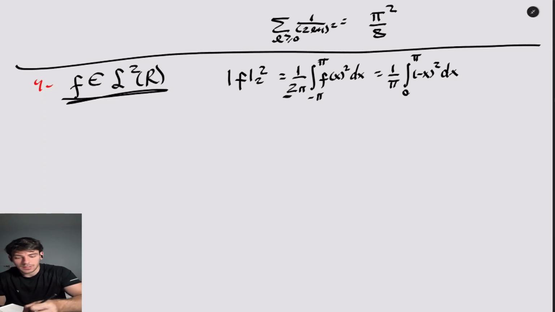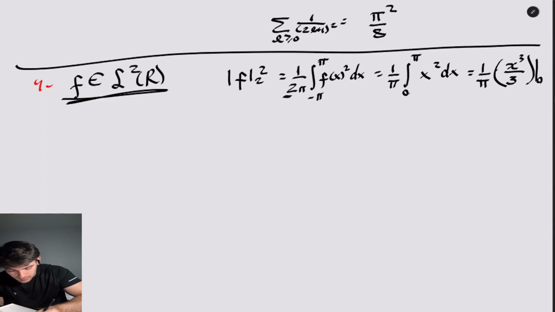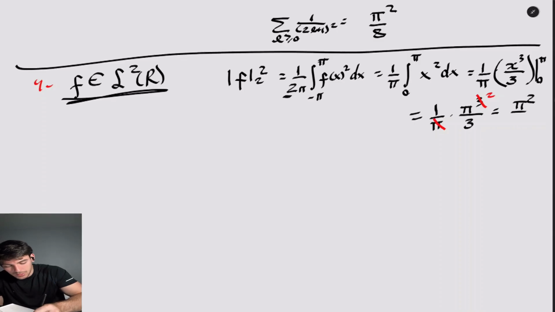Minus x squared is equal to x squared. If you integrate this, you'll have x cubed divided by 3 from 0 to pi. That's basically 1 divided by pi times pi cubed divided by 3. This pi here cuts out with the 3, so we have a 2. So pi squared divided by 3.